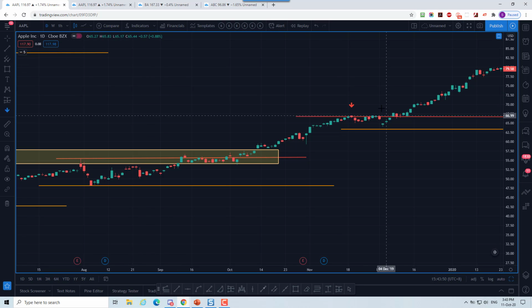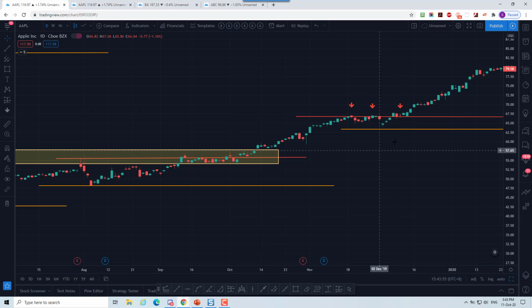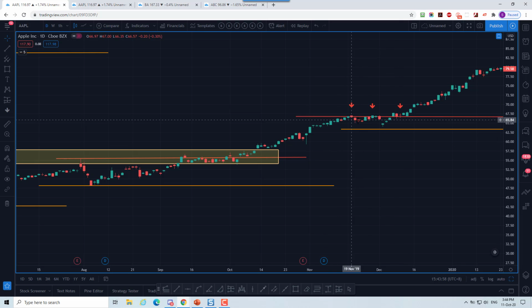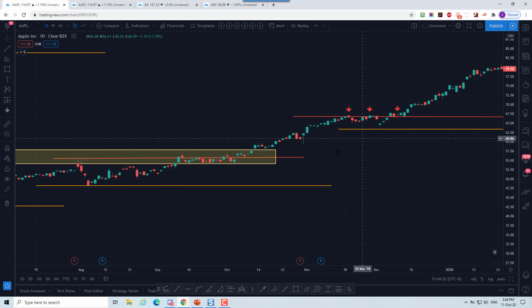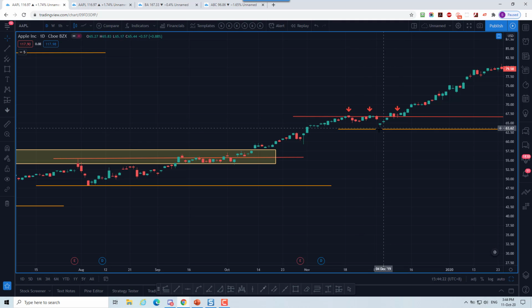There's a second test, third test. You see, this price came up and it hit the resistance line. Can you see that the price hit the resistance line 3 times and it got broken to the upside? So what does it mean? Basically, the more times the price tests an area, the weaker it becomes. The easier it is for the price to breach the level.